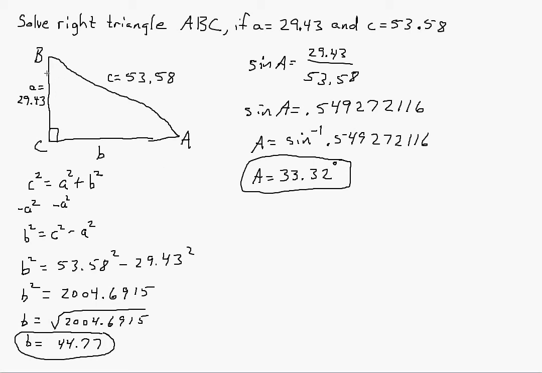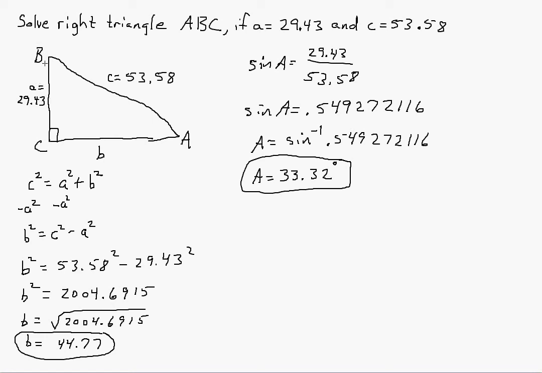Now to solve for angle B. We could solve for angle B in a similar way that we solved for angle A, but instead of using sine, we would have to use what? Cosine, because we have the adjacent side and the hypotenuse.